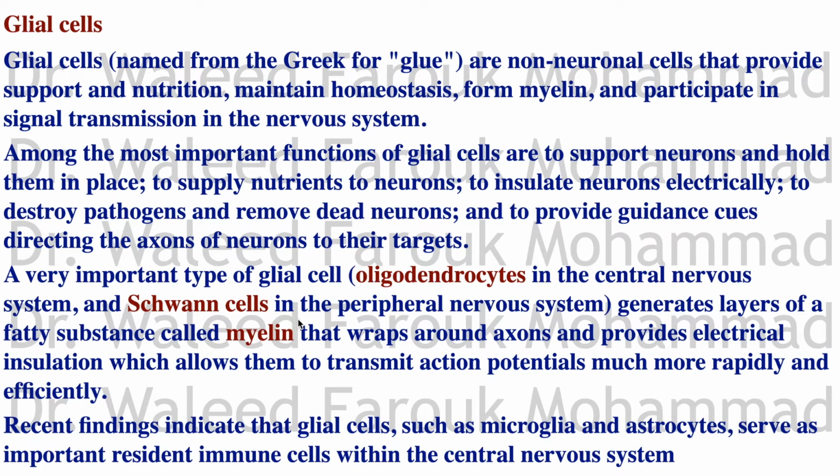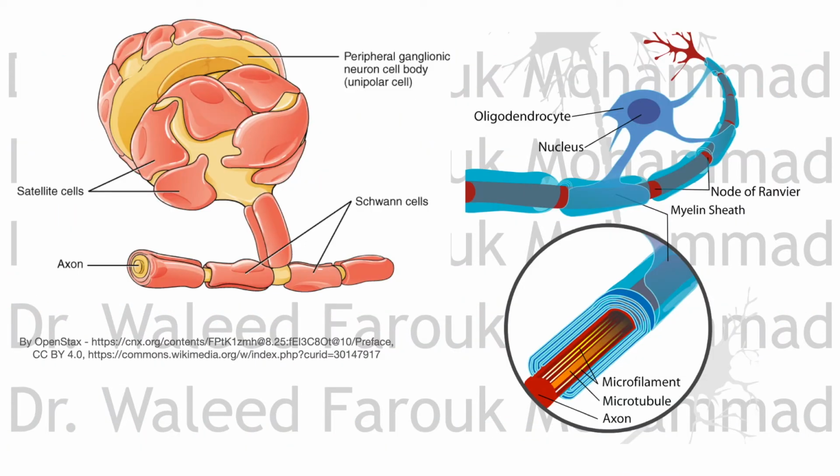Recent findings indicate that glial cells such as the microglia and astrocytes serve as important immune cells within the central nervous system. These two pictures show you different types of these glial cells.